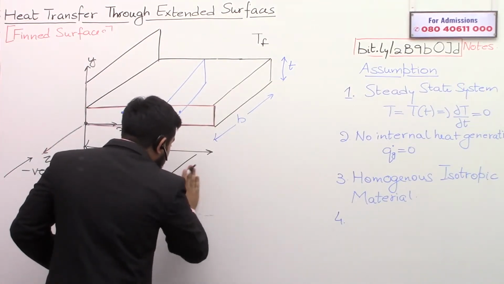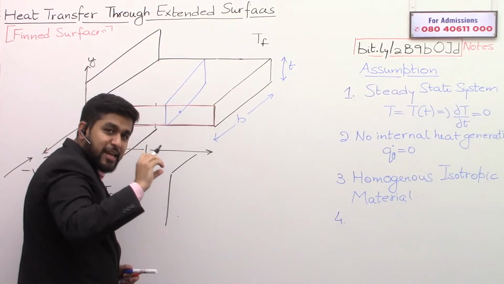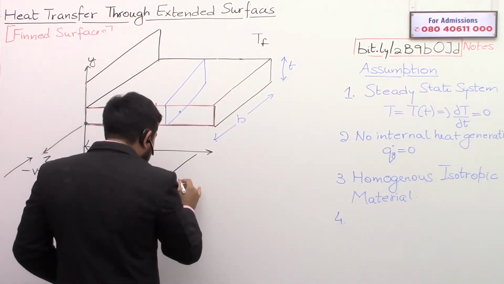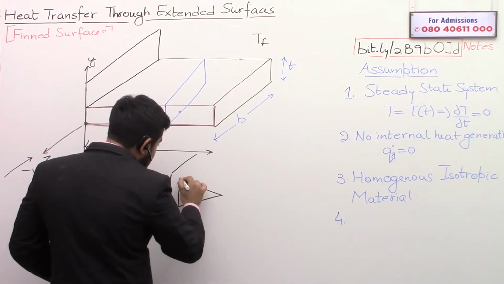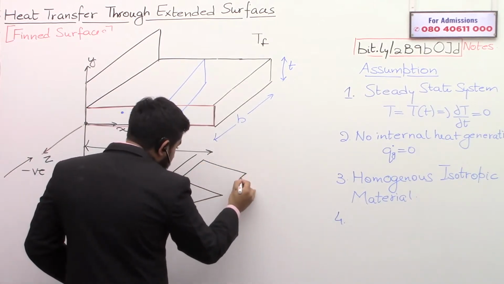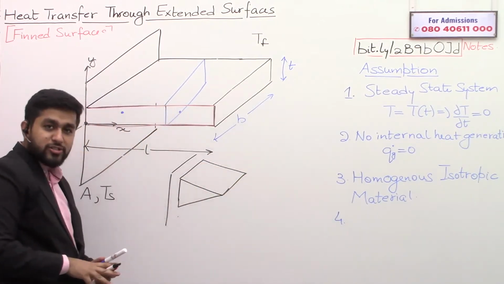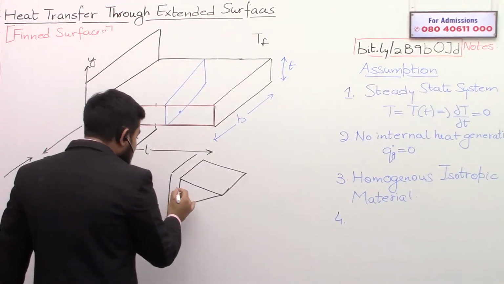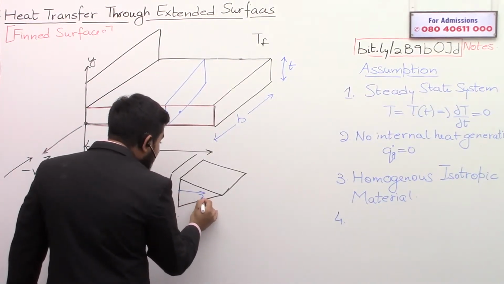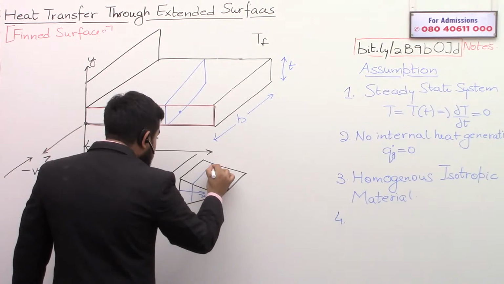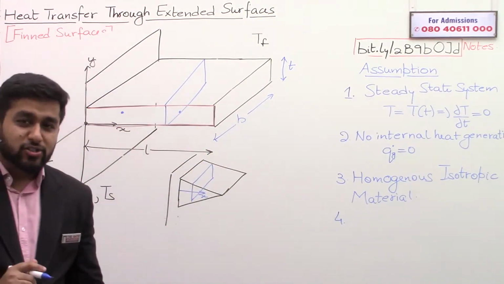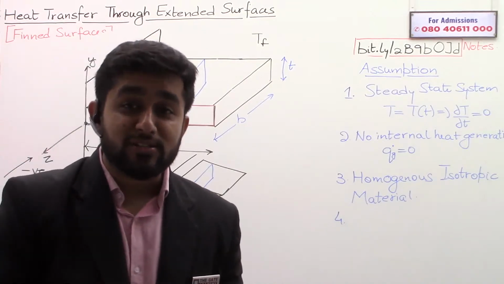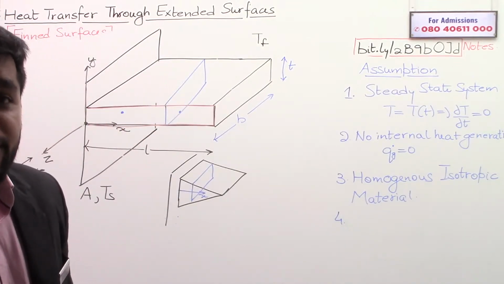Similarly, let us suppose our fin is tapered. Say for example, this is the fin on the solid surface. As you move along the x direction, the cross section of the fin decreases. So we call them tapered fins.